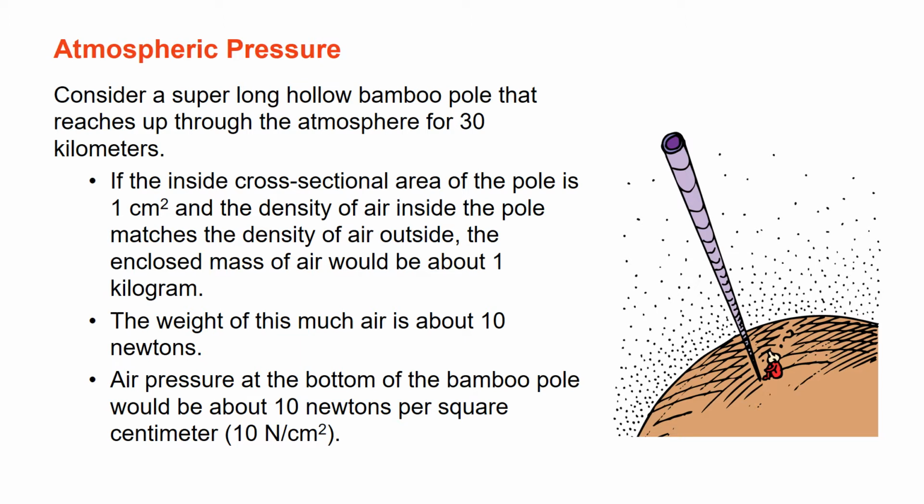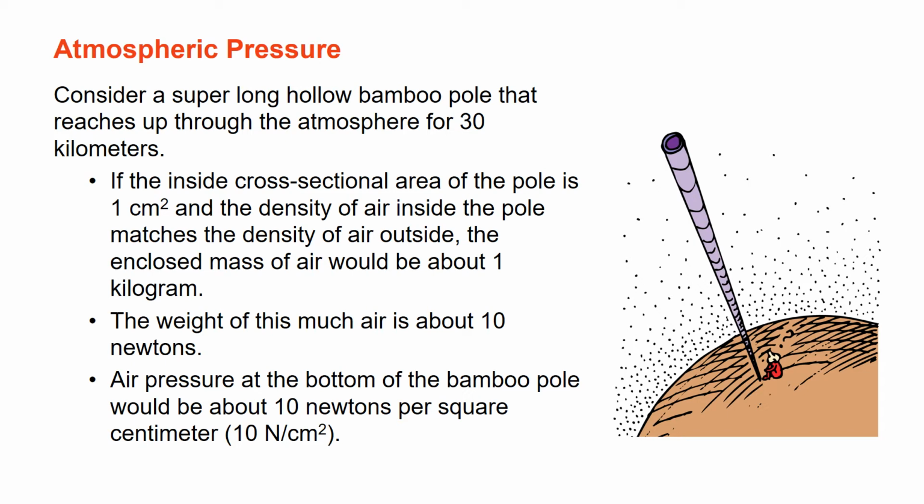Now, let us consider a super long hollow bamboo pole that reaches up through the atmosphere for 30 kilometers. If the inside cross-section area of the pole is 1 square centimeter and the density of air inside matches the density of air outside, the enclosed mass of air would be about 1 kilogram.